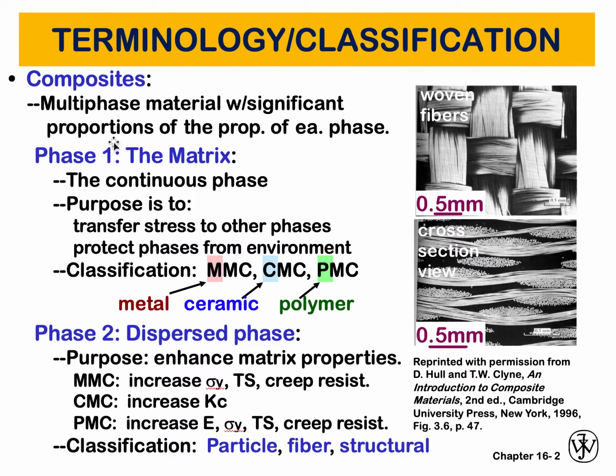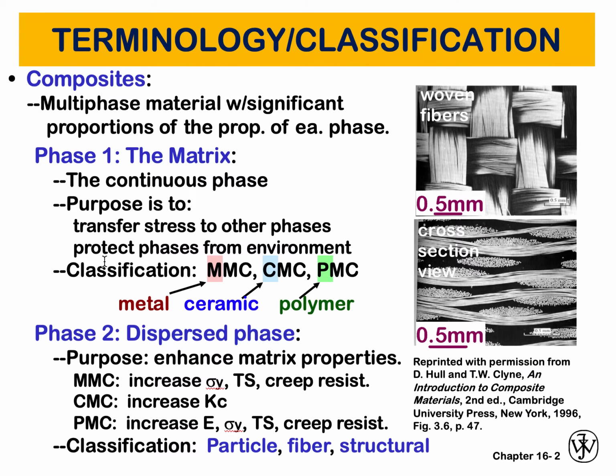The matrix is the continuous phase, as opposed to the dispersed phase, which is going to be smaller in volume. The matrix is going to be the big material, and the material of the dispersed phase is immersed and dispersed inside the bigger matrix.